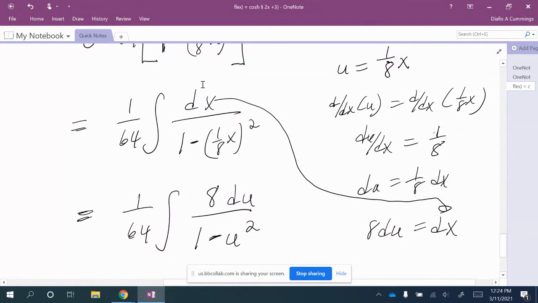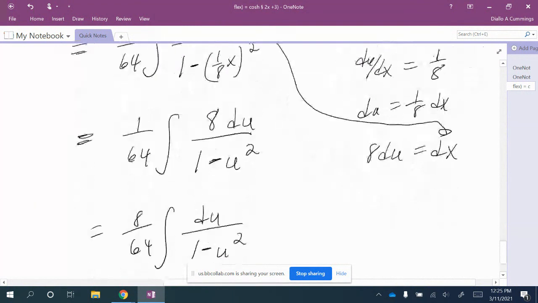In order to substitute out dx for du, I took the derivative for both sides of this substitution equation. I solved it for dx, and I had 8 du is equal to dx. So I simply substituted dx for 8 du. And now I have everything in terms of u.